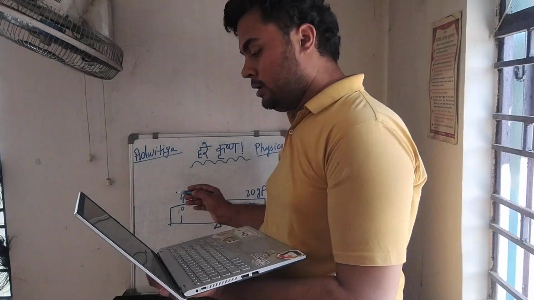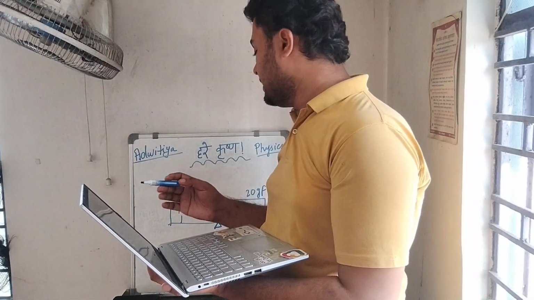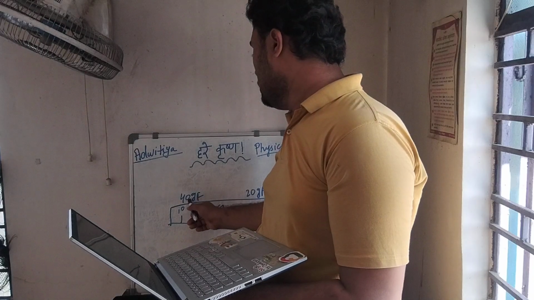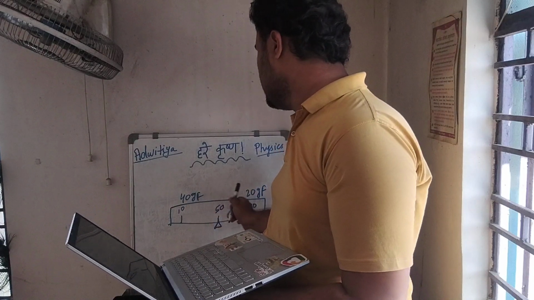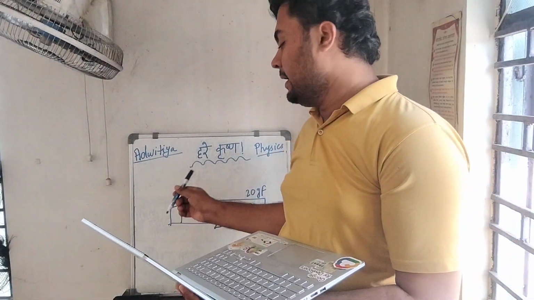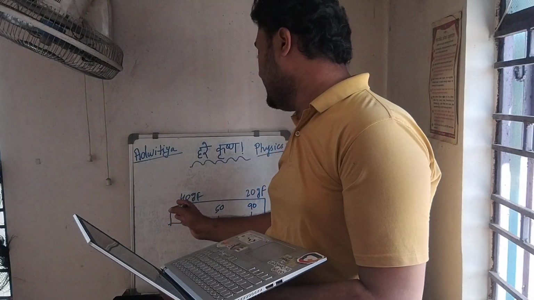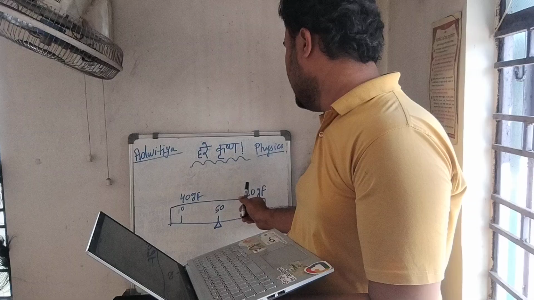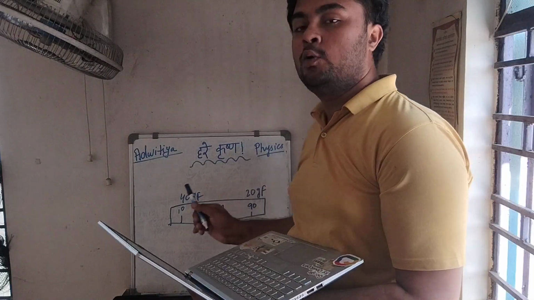Now here the question is, is the meter rule in equilibrium? The answer is no, because there is a difference in the force. Here the force is 40 gf on the left hand side of the rule and on the right hand side of the rule the force is 20 gf.